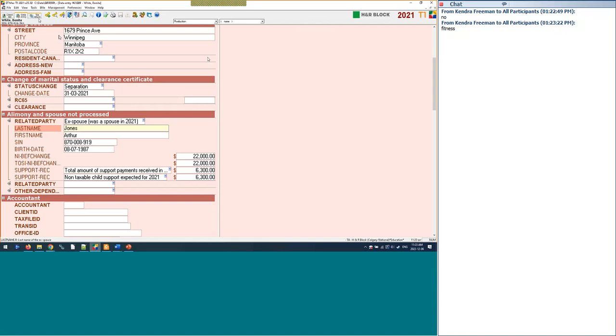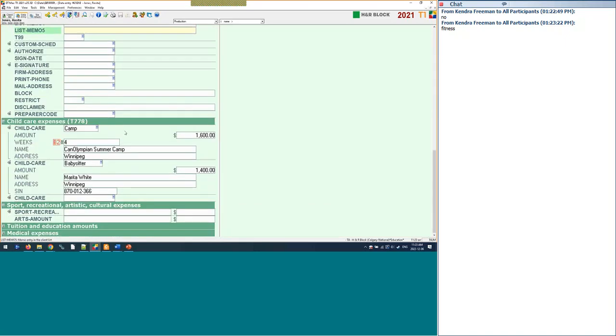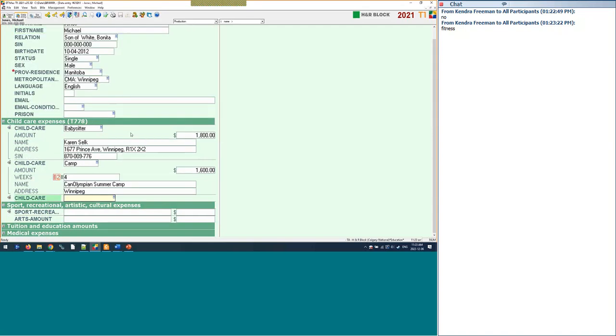So I'm going to go in now and do the straightforward method, where I enter just the sports. If I go into Rosita, I'm going to have the Can Olympian Summer Camp as child care, limited to 4 weeks, and then I have a babysitter. And if I go into Michael, I'm going to have the same thing: a different babysitter and Can Olympian Sport Camp limited to 4 weeks.